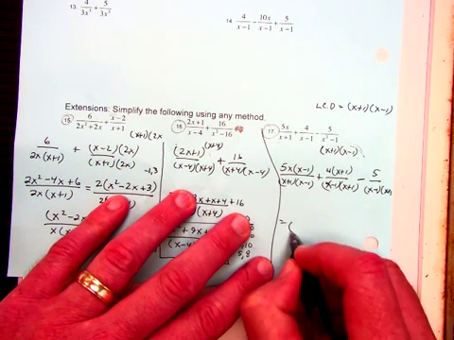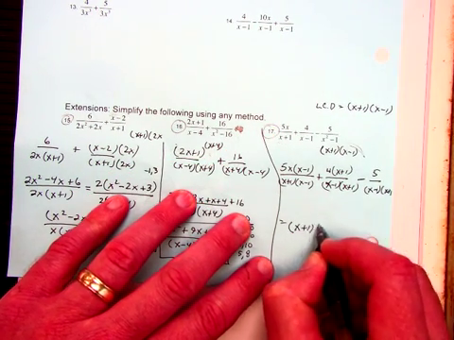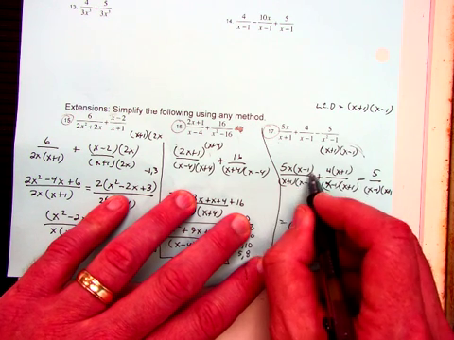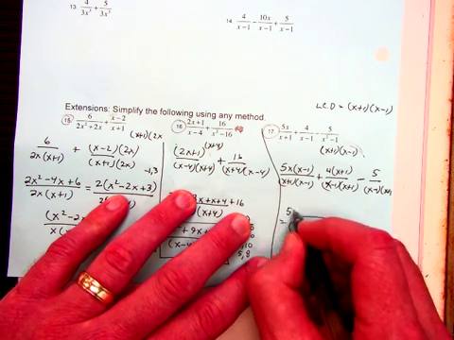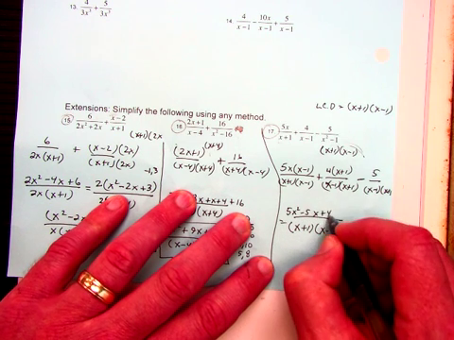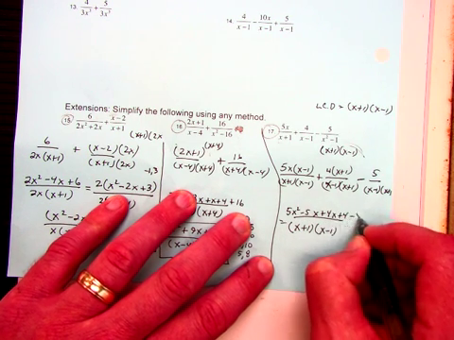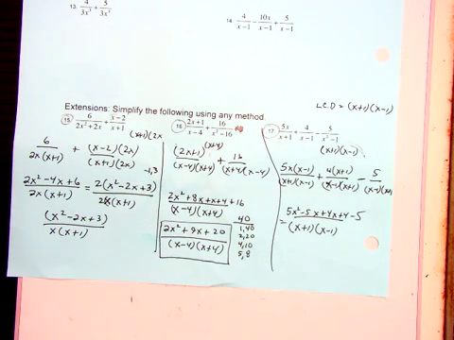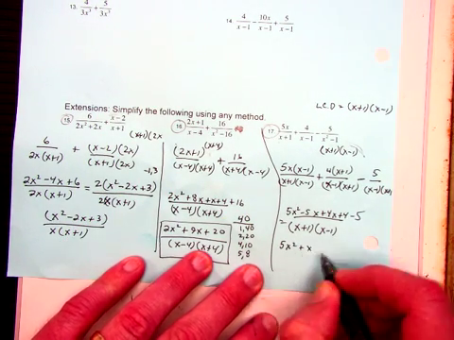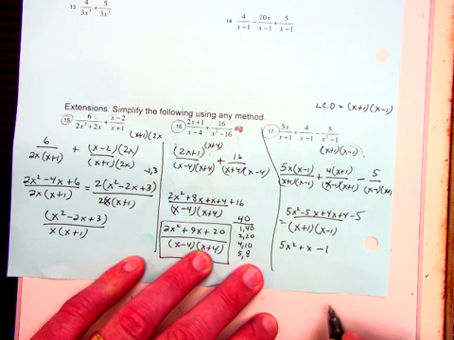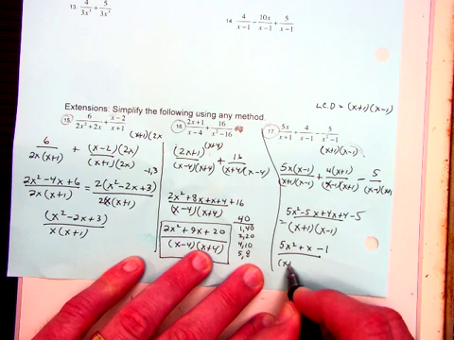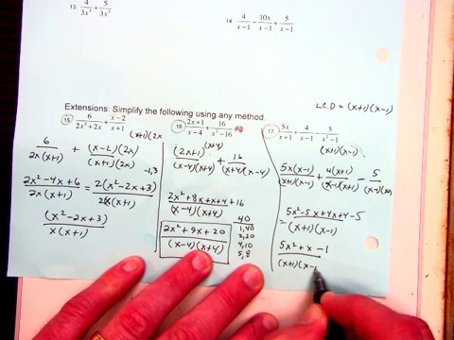Okay, equals. Well, let's make it easy on ourselves and just leave it as x plus 1 times x minus 1. Okay, here I get 5x squared minus 5x. Here I get plus 4x plus 4 minus 5. And that's going to simplify to be 5x squared plus x minus 1 all over x plus 1, x minus 1.